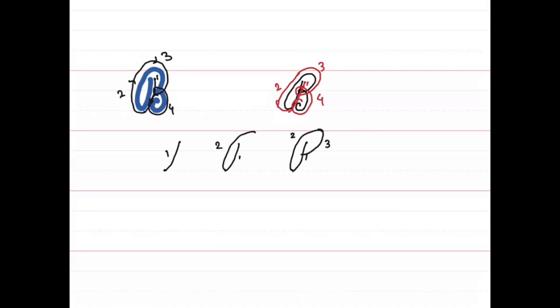You've touched it over here. Then what do you have to do next? You go like this: 1, 2, 3, and last is 4. So these are the steps of creating letter B. This is how you make your letter B.